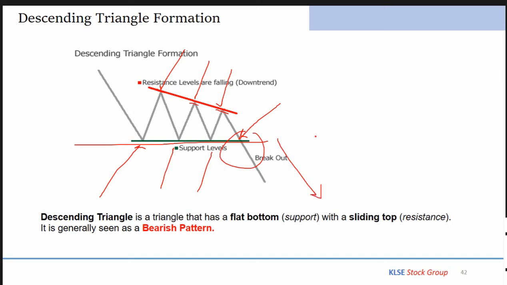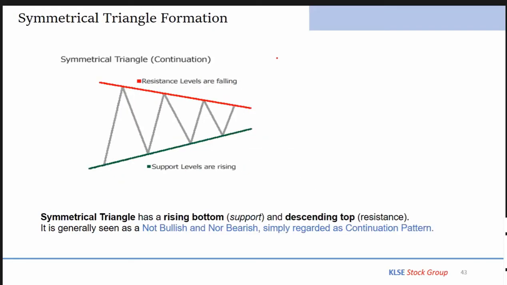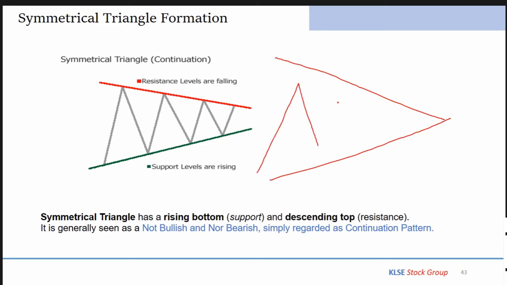This is symmetrical. Symmetrical is going into a tight corner. The price moves and compresses into a tight triangle corner. With this kind of corner, we expect a breakout, or sometimes it can be a breakdown, it can be neutral.